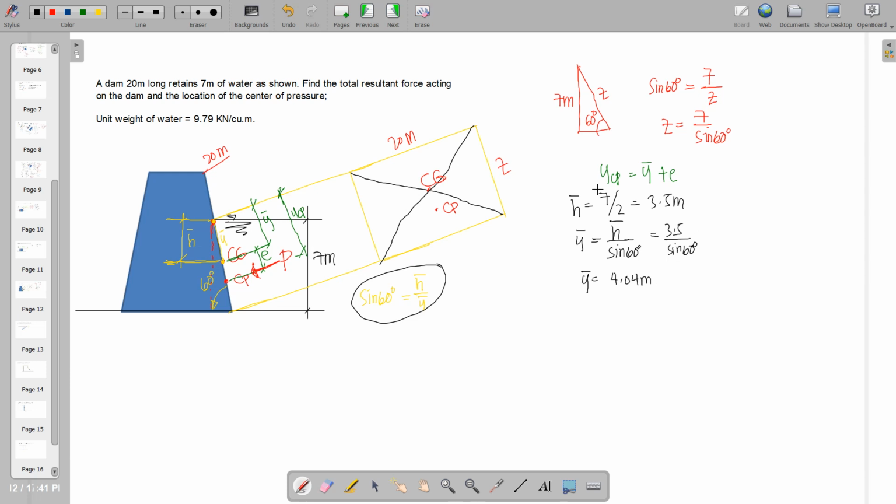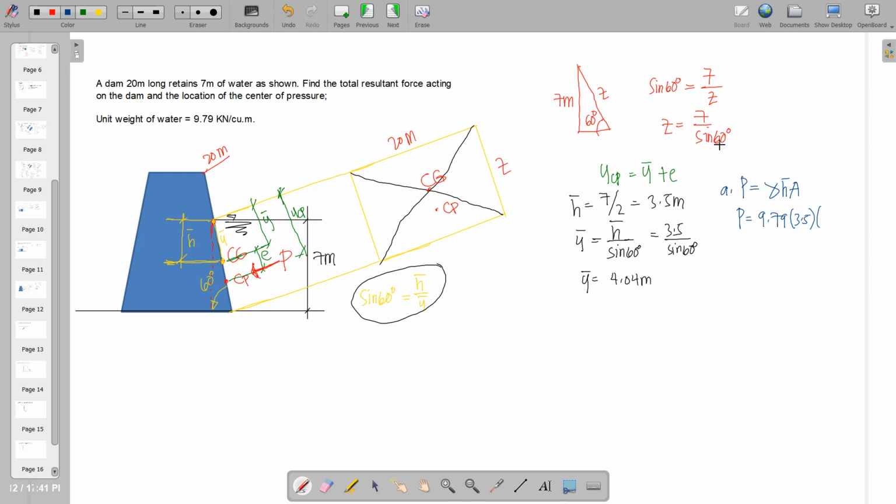So knowing H bar, we can now proceed with the calculation of the first unknown, say letter A. P is equal to gamma H bar A. We have a gamma of 9.79 and H bar is 3.5 times the area Z by 20.